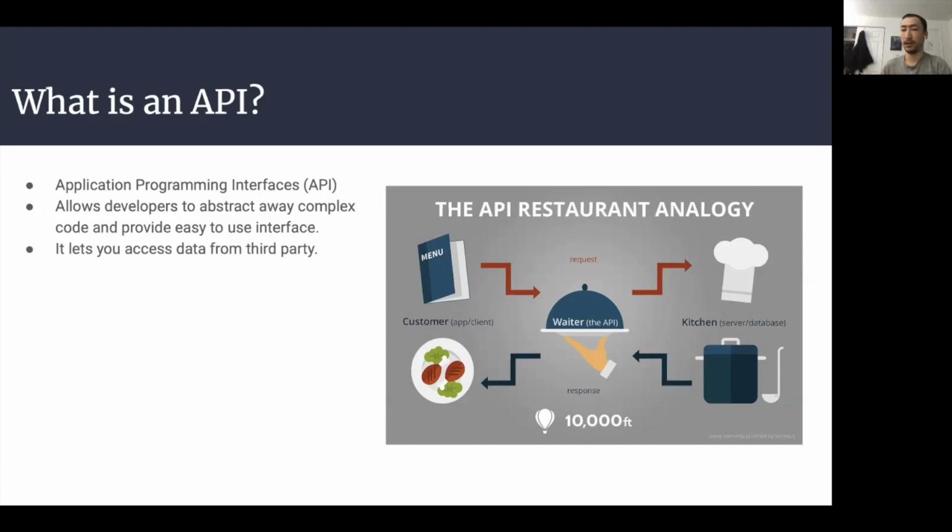The kitchen is the server, which processes everything, communicates with the database, and sends responses when some request comes in. I don't have to directly go to the kitchen myself and get my order. I have this waiter which I can use to communicate my requests or orders with the restaurant. That's the simplest analogy of what an API is.